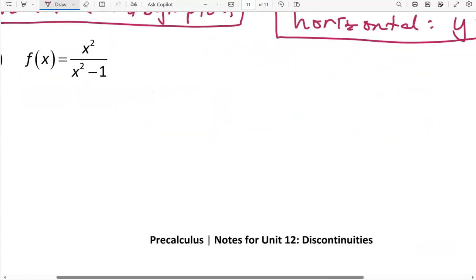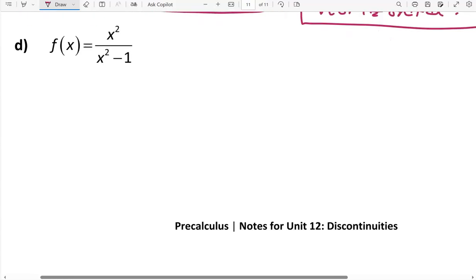Okay, last example for this one. If we think about our vertical asymptote here, it would be better for us to think of this in factored form, x plus 1 times x minus 1, and then you'll notice that the denominator is equal to 0 at two values of x.